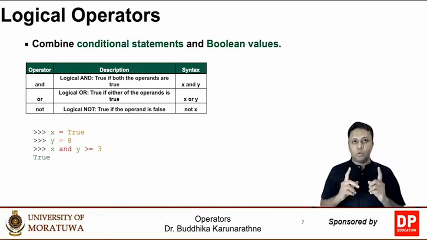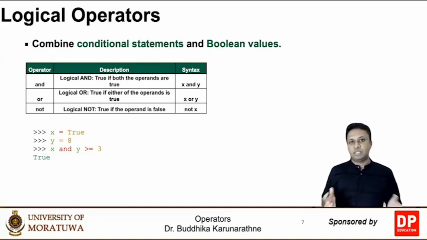Logical operators and, or, and not are used to compare two conditional statements. The logical operators modify and join together expressions evaluated in a Boolean context to create more complex conditions.